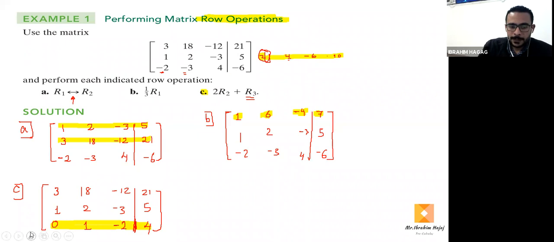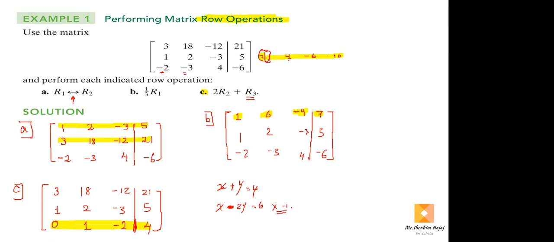When you have, for example, x plus y equals 4, and here x minus 2y equals 6, and you'd like to solve the system, you will multiply the second equation by -1 and add it to the first equation.